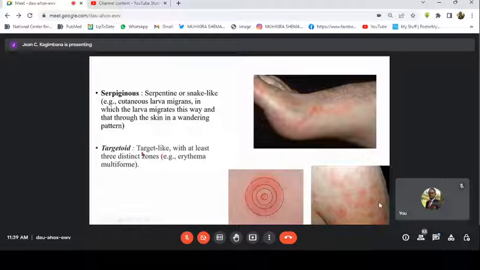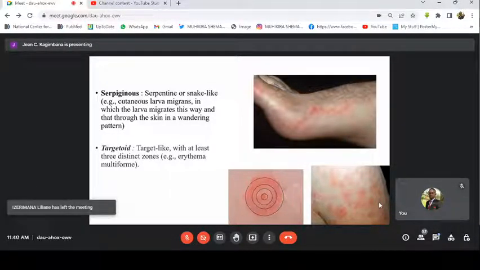Now, or targetoid, you have concentric circles when the center is erased, like here, and this is seen most of the time in erythema multiforme or drug reaction. This is characteristic of drug reaction. Okay.